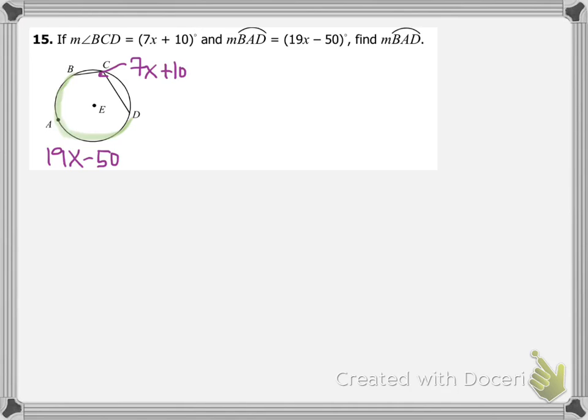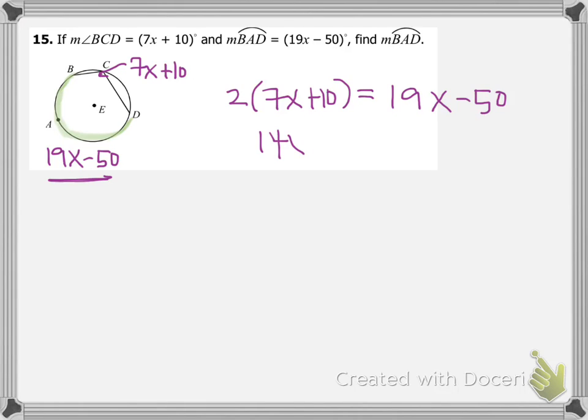Remember, 2 times that angle is going to be equal to the arc. So it's going to be 2 times 7x plus 10 is equal to 19x minus 50. So it's going to be 14x plus 20.